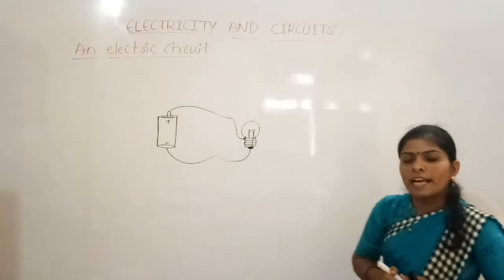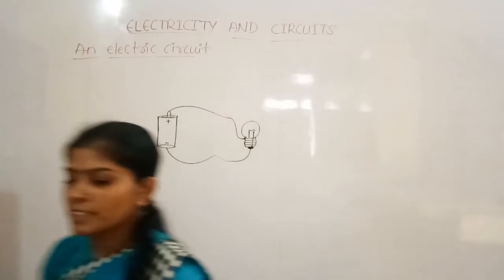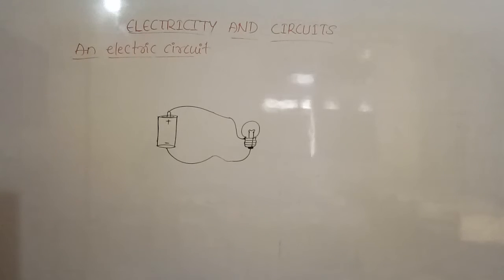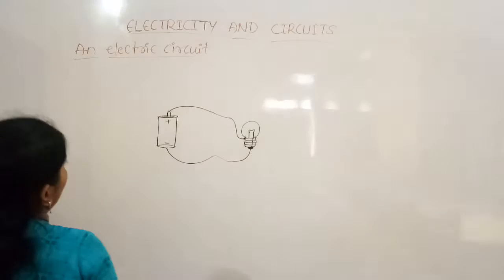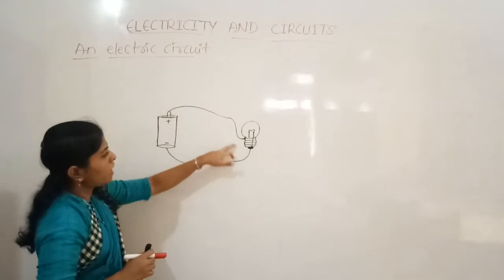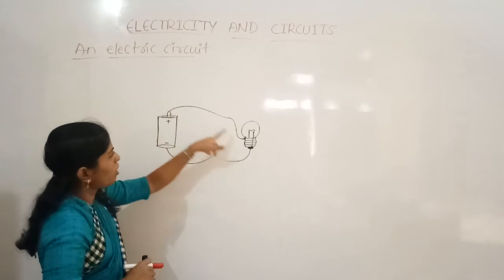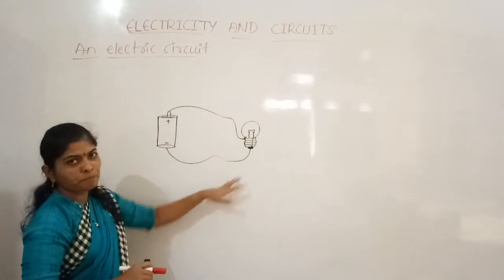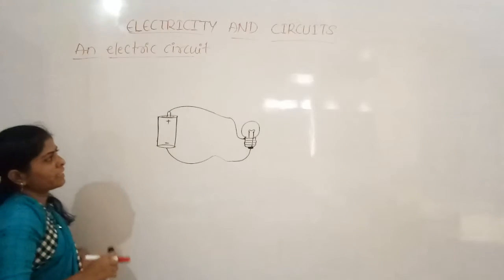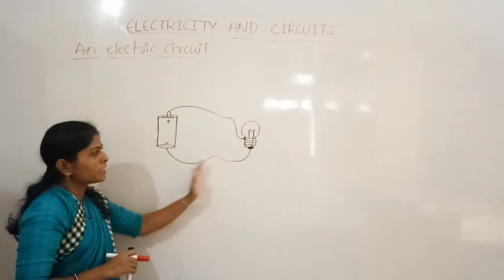So that now the electricity has started flowing. When all the terminals are connected, now see, positive terminal, negative terminal, these all are connected here. When it is connected, it is complete.